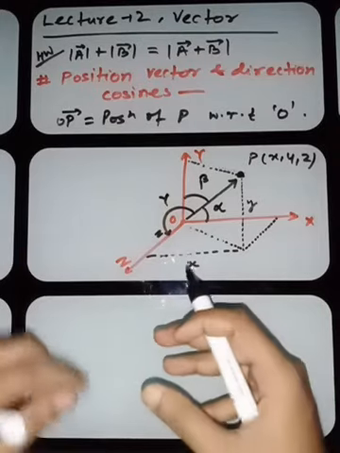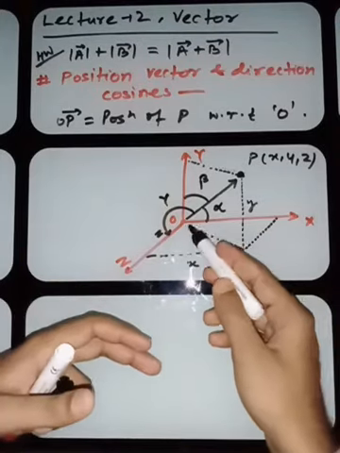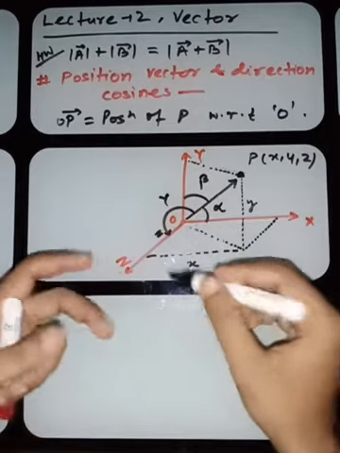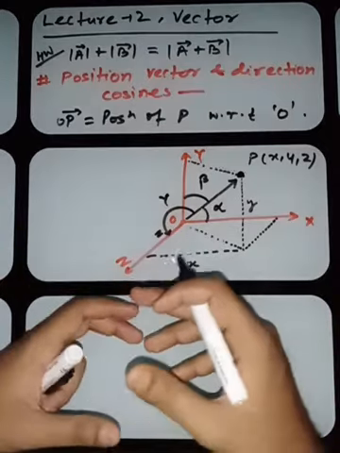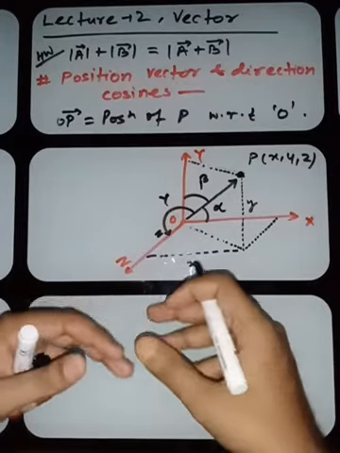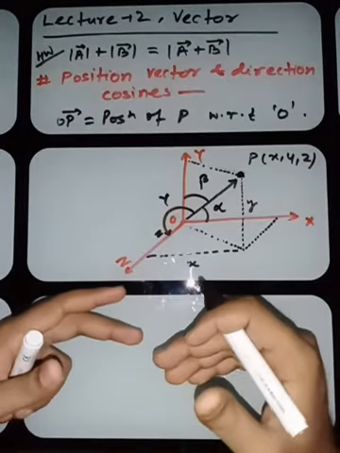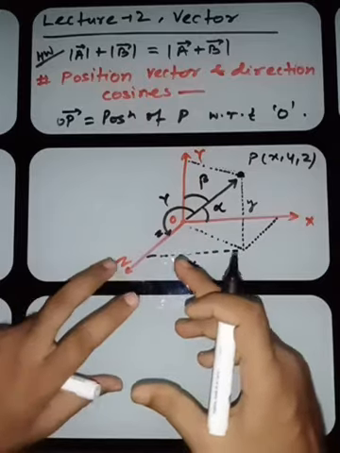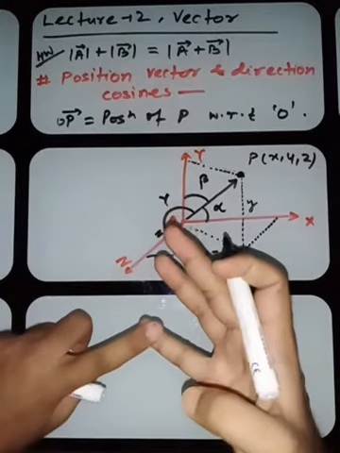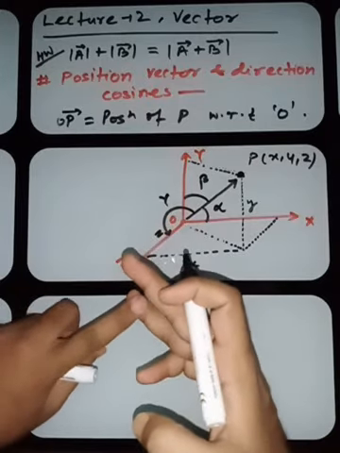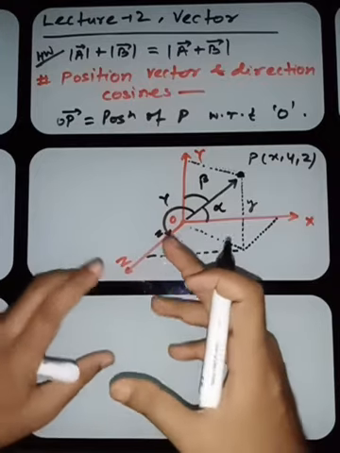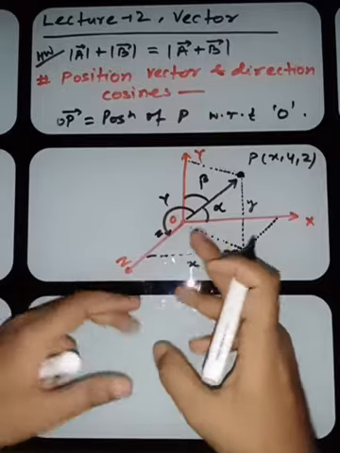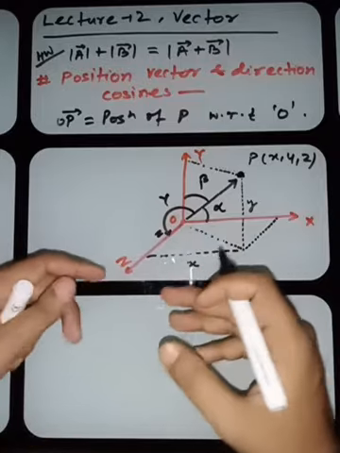Direction cosine means the angle of this particular position vector with the different axes. This is called the direction cosine. And cosine means you have to find the direction with the cos theta, the cos of the angle. Like we say tan theta, but it is the tangent of theta.